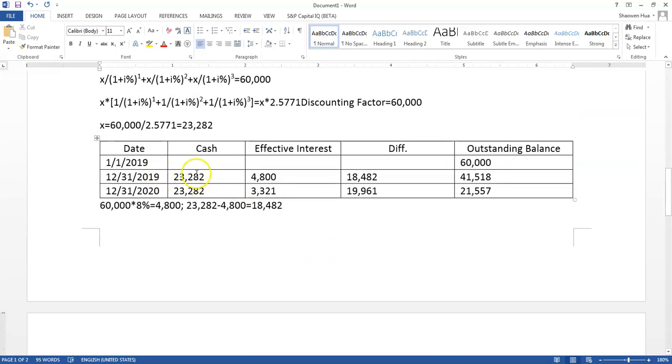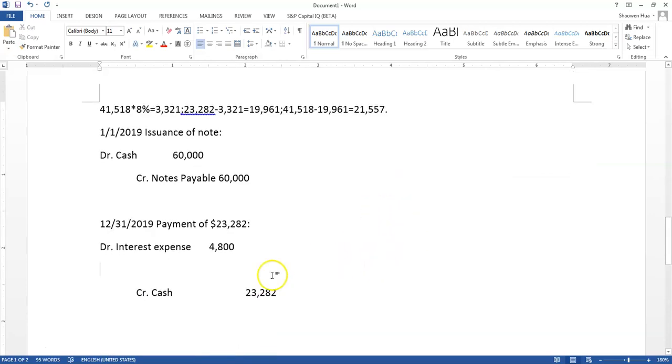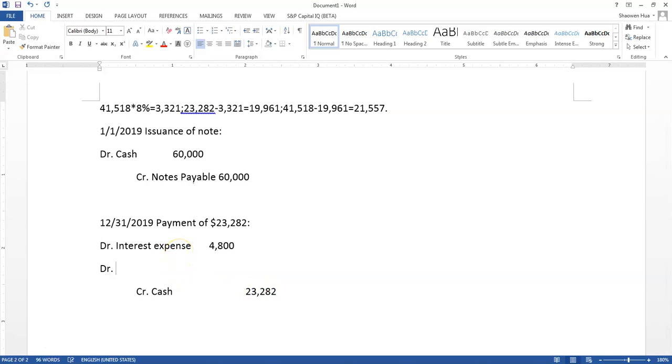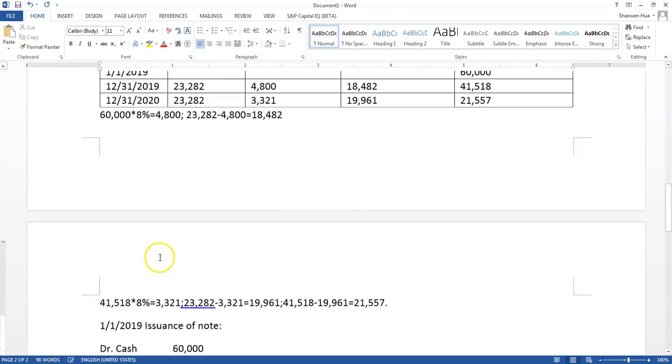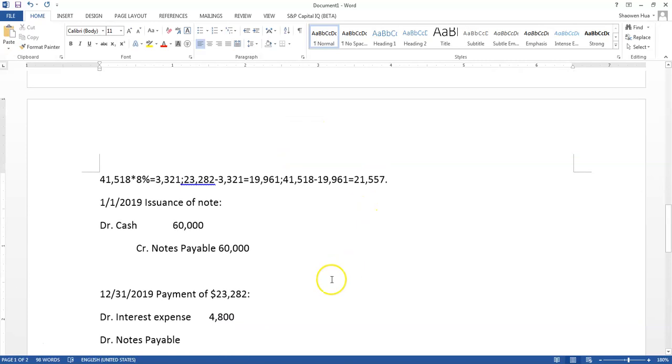And part of the $23,282, $18,482 is the principal. And my principal is accounted in notes payable. So here my principal is written off as notes payable by $18,482.